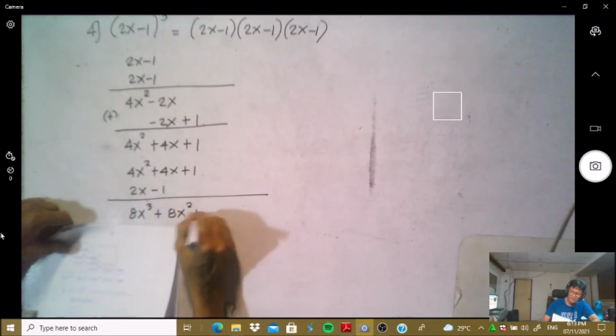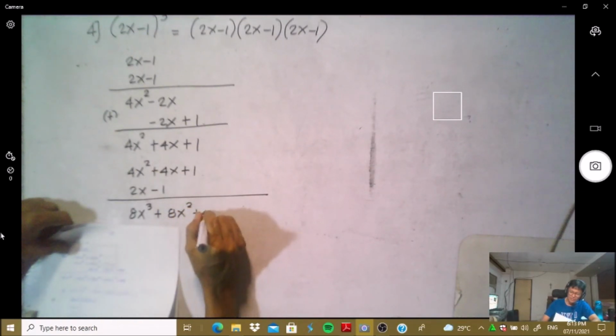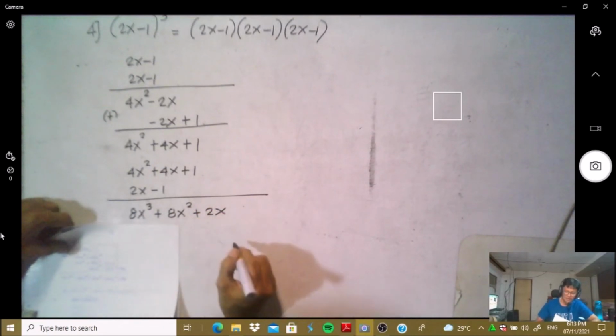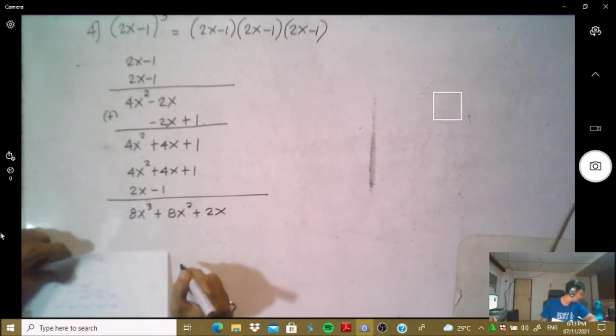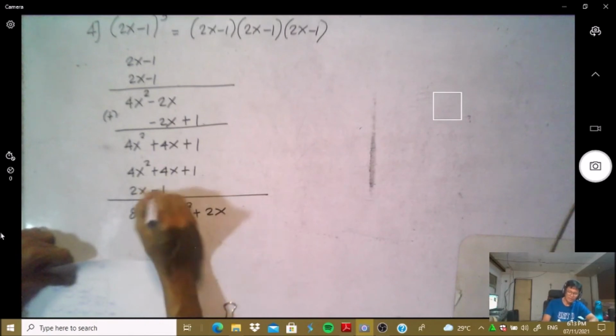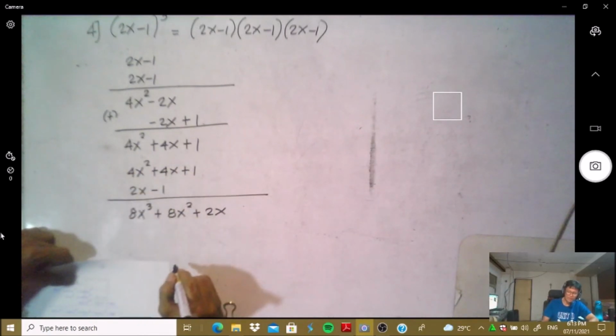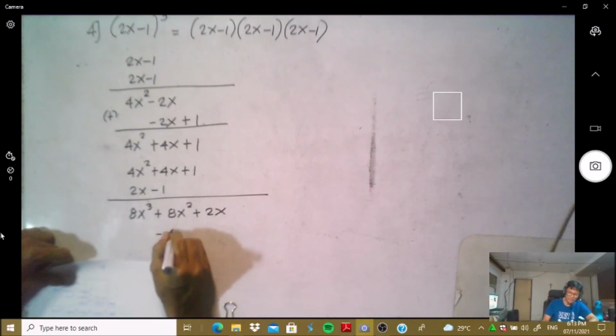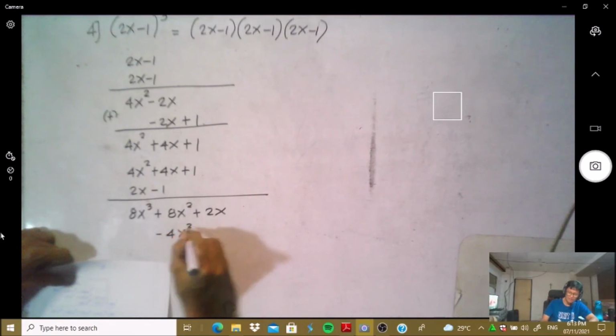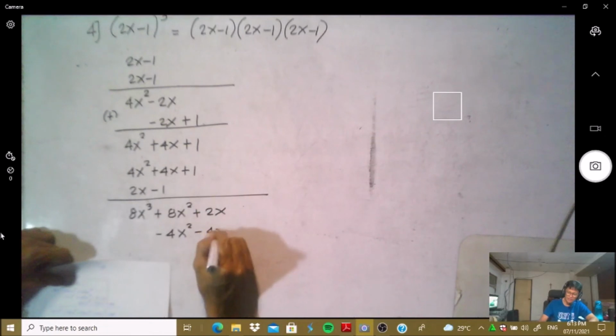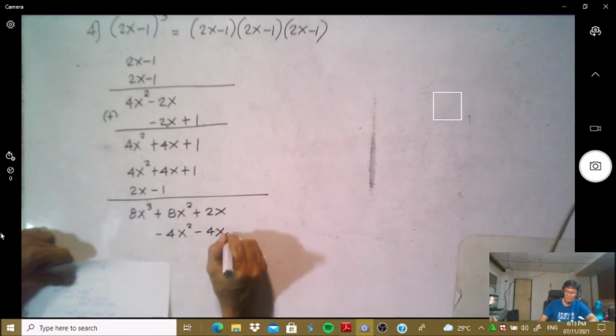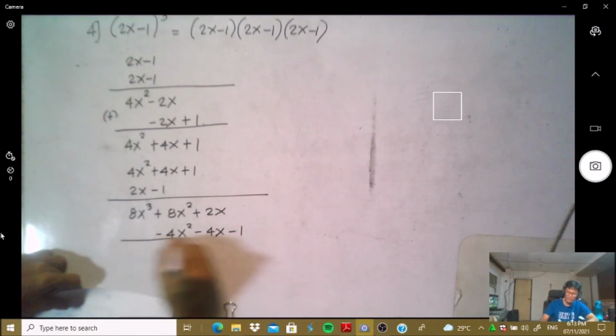Then plus 2x times 1 will be 2x. Okay. Then negative 1 multiplied by 4x squared, we will have negative 4x squared. Then negative 1 times 4x will be negative 4x. Then negative 1 times 1 will be negative 1. Then we can now combine and we are now done.